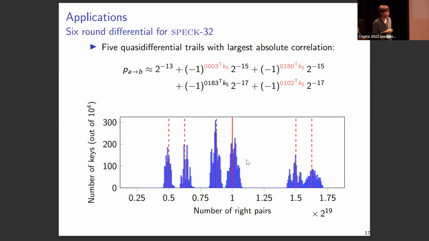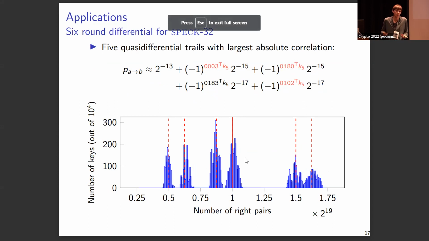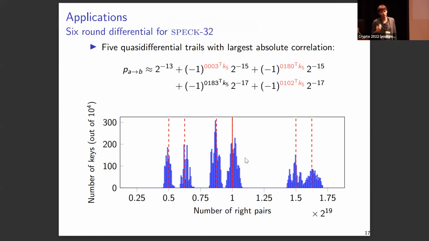So first, I want to go back to this example I showed at the beginning. If you do this automated analysis, or even manually if you have a bit more time, you'll find there are 5 trails which really have a much larger absolute correlation than the other trails. If you just take into account those, there are 3 linearly independent key bits that can influence this probability in a significant way.